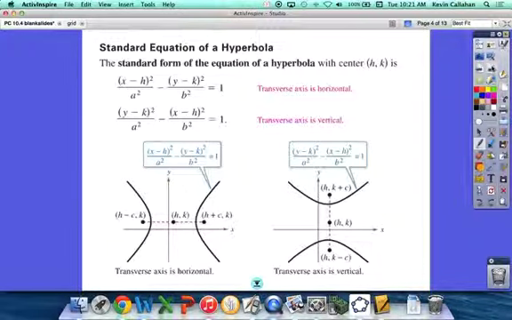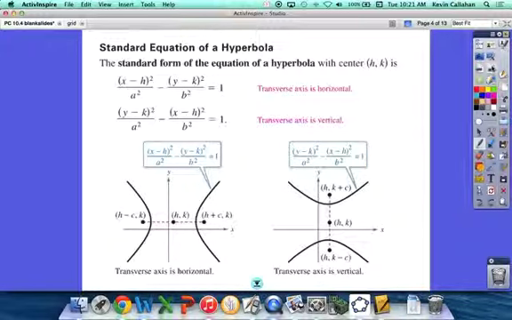And looking at the equations, they look pretty much like the ellipse, except for one difference. You just compare the horizontal one. What's the only difference between that equation and the standard equation for a horizontal ellipse? It's a minus, right? Which makes sense because we changed the sum to a difference, so that's where it's different.